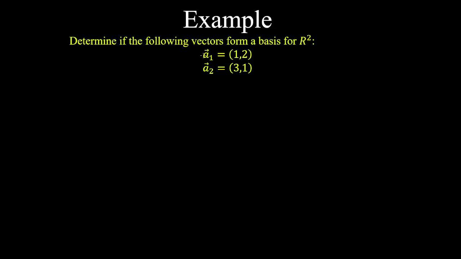Let's determine if the following vectors form a basis for R2. So we have some constant by the first vector plus some constant by the other vector is equal to the 0 vector. So we first test for linear independence.